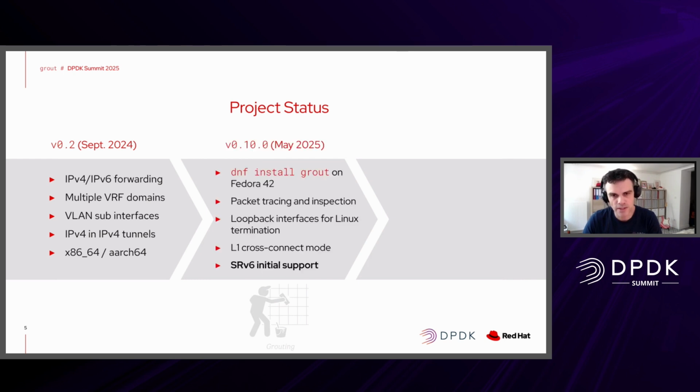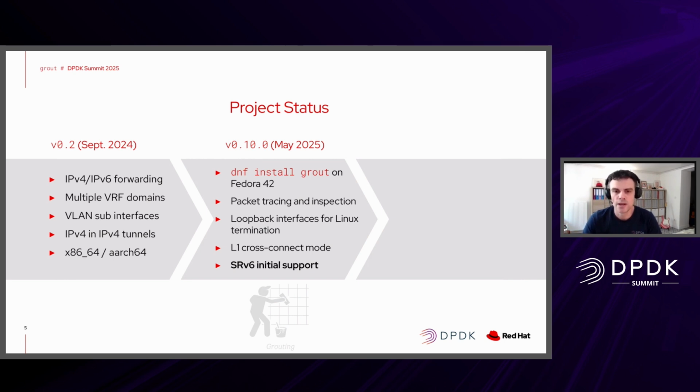Since then, we have made significant progress on multiple fronts. Since February, I think, you can actually DNF install Grout on Fedora. We added a bunch of debugging tools in order to trace packets, and also you can enable packet logging dynamically. You can dynamically move the data path threads from one CPU to another without restarting or anything.